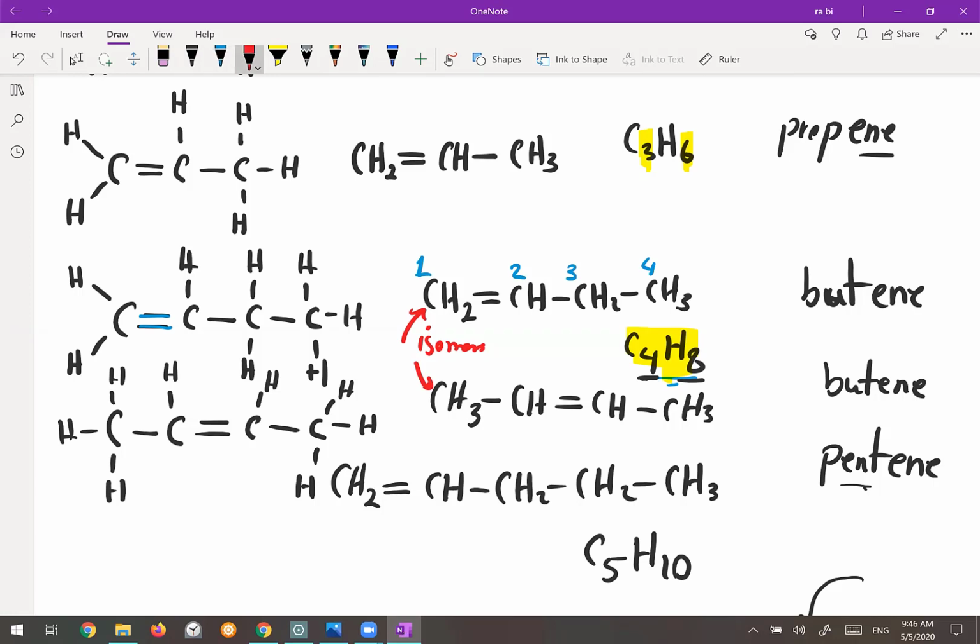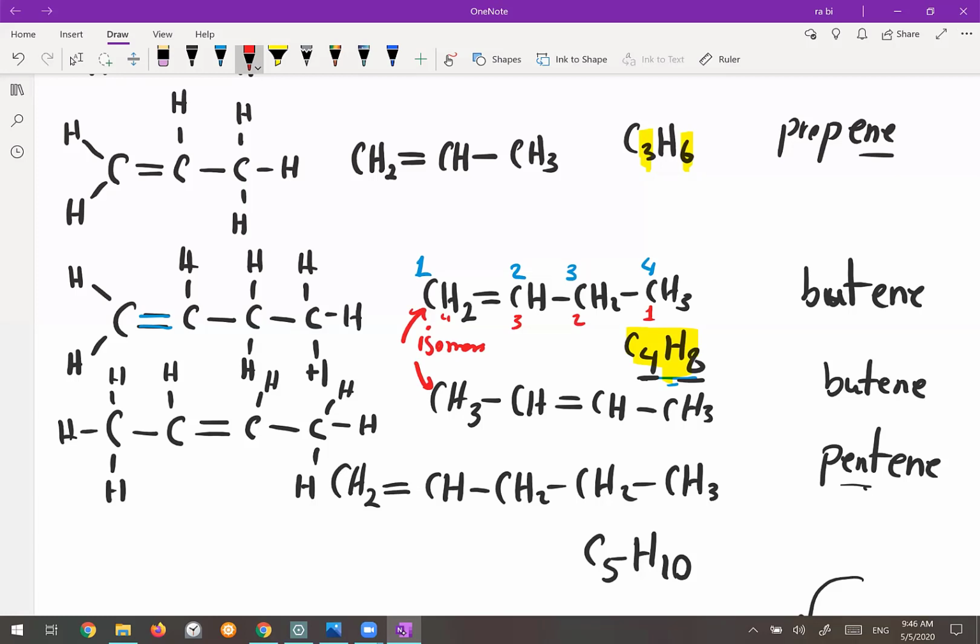For this molecule, if I number it from the right side, this would be number 1, number 2, number 3, and number 4. And the double bond would be between carbon number 3 and number 4. So as I said, for the alkene, you have to number your parent chain, or your straight chain, from the side from which the double bond receives a smaller number, not the branch.